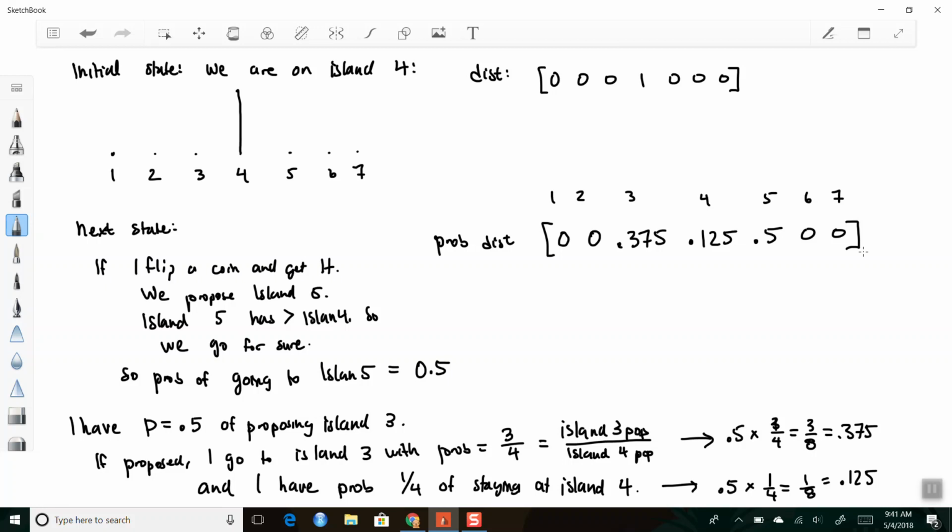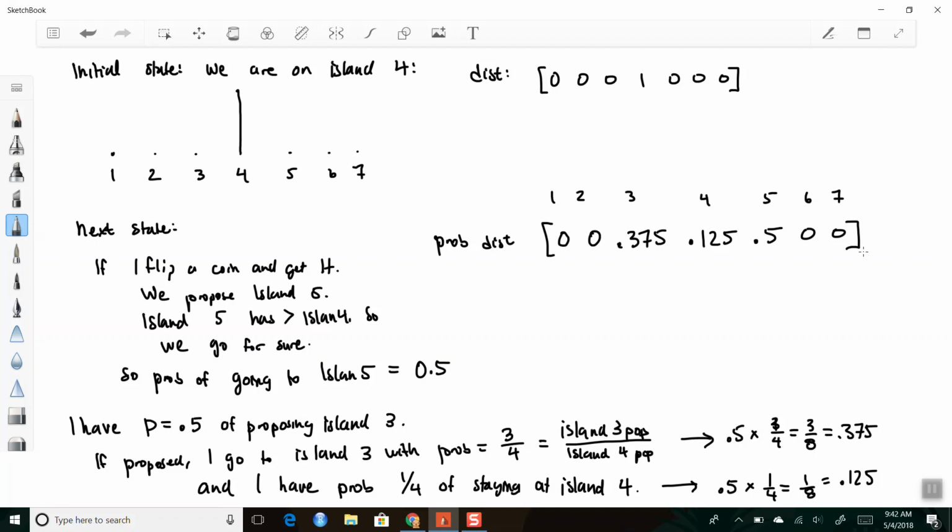I just want to make sure from our initial state to our next state. So this is the probabilities where we end up, right? So if we always start at island 4, where am I going to be the next day? This is basically the probability distribution. Okay.